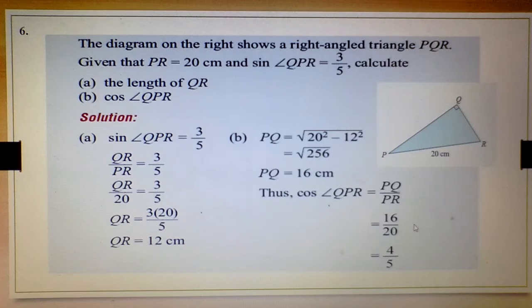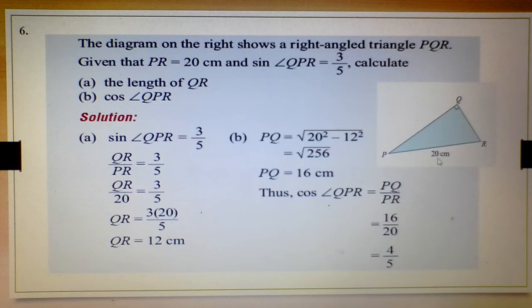Okay, number 6, problem solving also. Given that PR is 20 cm, sin QPR is 3/5. Sin QPR, this angle. So you can just sketch a bit of your question and mark it. Sine means opposite divided by hypotenuse.